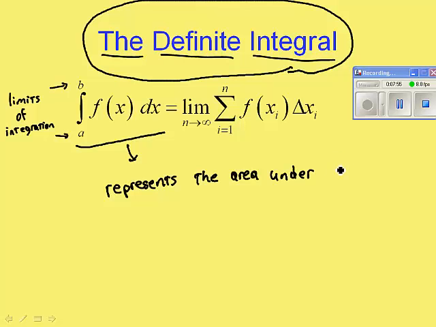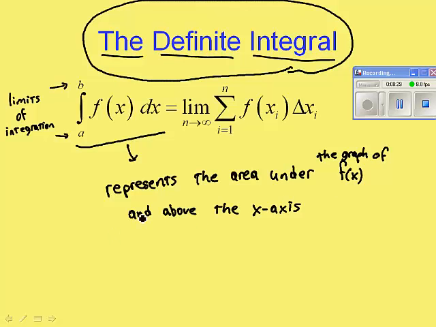Well, under the curve f of x, under the graph of f of x and above the x-axis. Because we already know that this is how you find area, this symbol represents the area under the graph of f of x and above the x-axis.